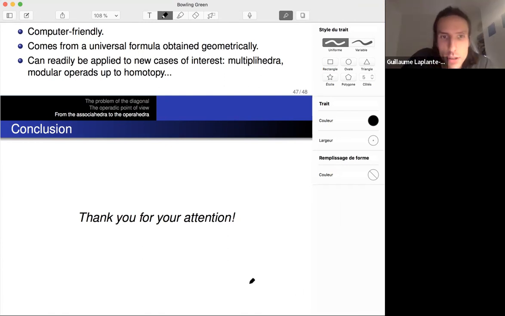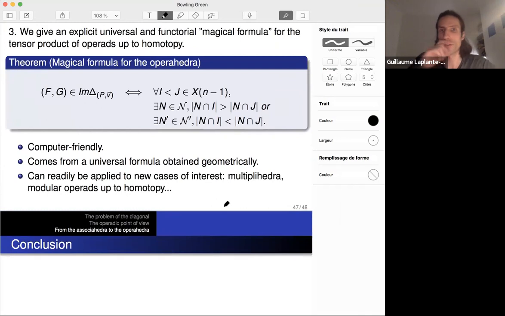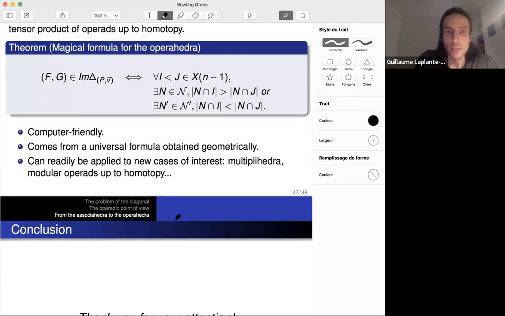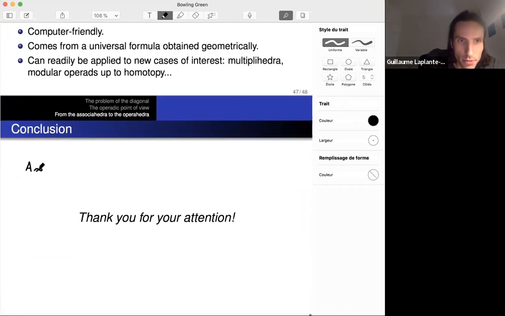Already if you want to just treat the case of A infinity algebras, you can restrict yourself to the conditions for which I and J have cardinality 1.